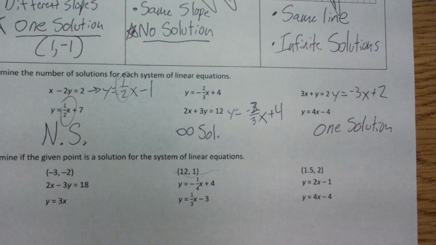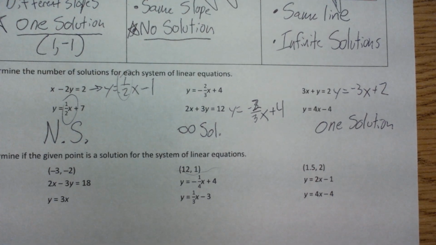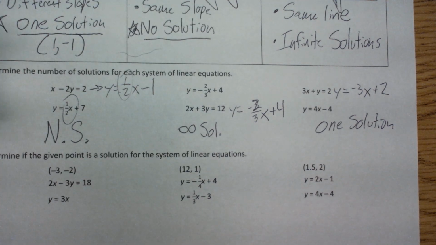And the last thing it wants us to do is decide if a given point works as a solution. That means the point would have to be on both lines. The way that we do this is we take it and plug it into both equations. The nice thing about it is, if it works in both equations, then it's good. But if it doesn't work in one, then we don't have to worry about it.